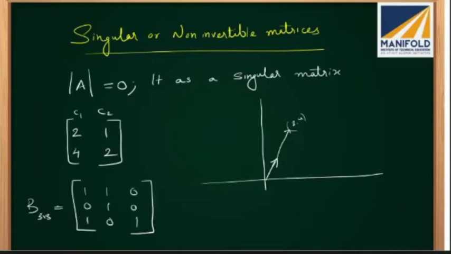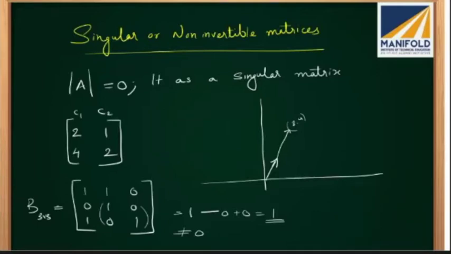If you consider the determinant of this matrix, it will not be 0, because you know how to evaluate the determinant: 1 into this particular minor determinant, which is 1. So that is 1, minus 1 into this which is 0, and the last one is 0. So the answer is 1, which means it is not equal to 0. So it is a non-singular matrix, which implies it will have the ability to span the 3D space.